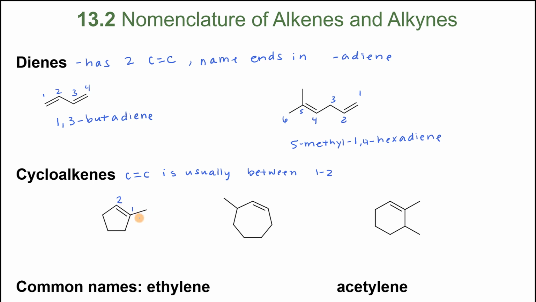So this will be 1-methylcyclopentene. And on the second one, our substituent should not be at 1, but our double bond should be. And I'm going to number this way to give it the lower numbering. So this is 3-methylcycloheptene.